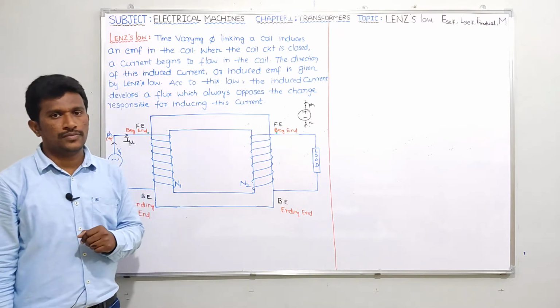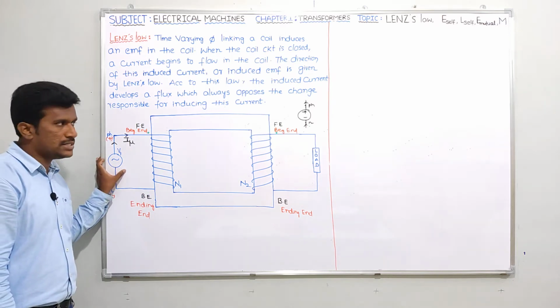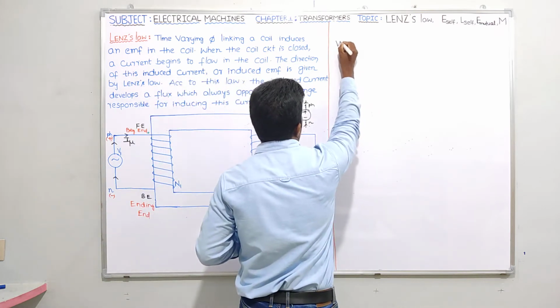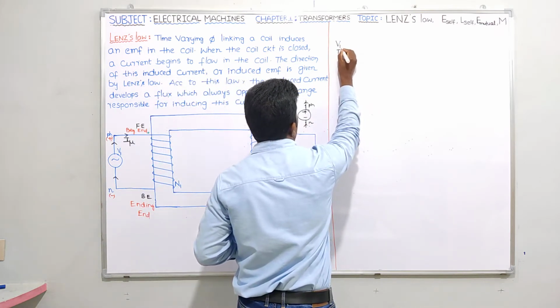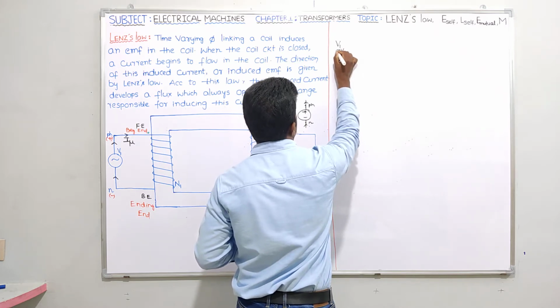So whenever V1 is time variant or AC, I'll write here, guys, for your understanding: V1 here is a time variant voltage source, or I can call this an AC voltage source.